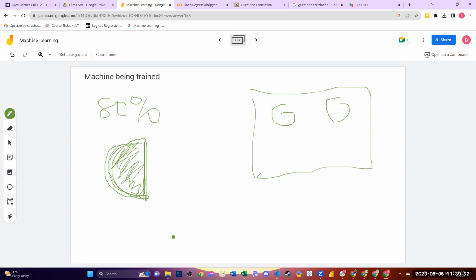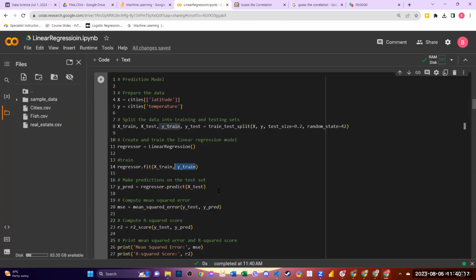So the 80% of the data is for training. So the robot is being trained by the 80%. Okay, so that's what happens here.